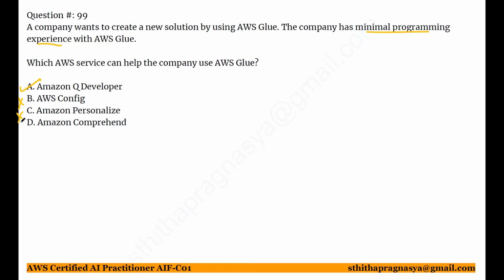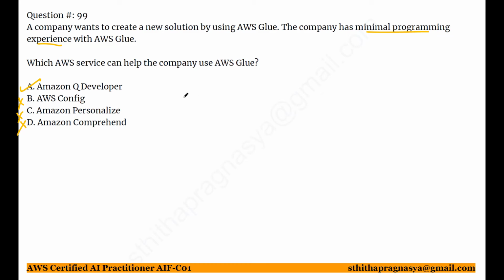That makes all this incorrect. Config is a service for tracking and auditing configurations of AWS resources. It is unrelated to using or simplifying AWS Glue for ETL or data processing tasks. So that is not correct because it doesn't assist with Glue.